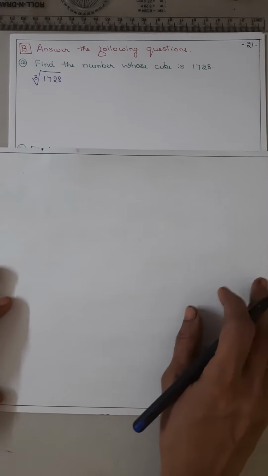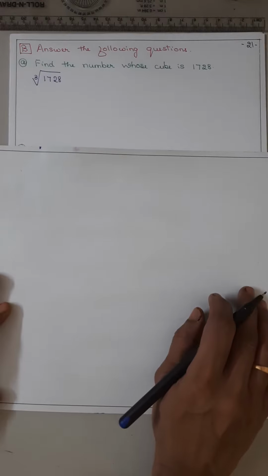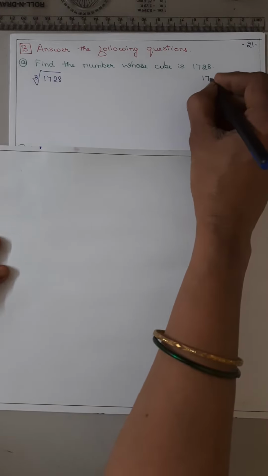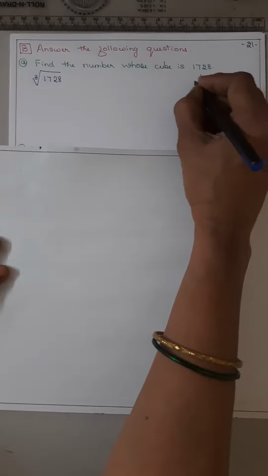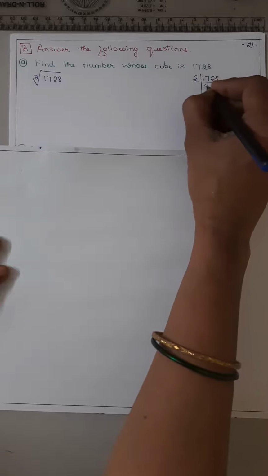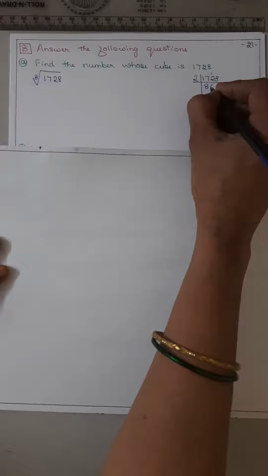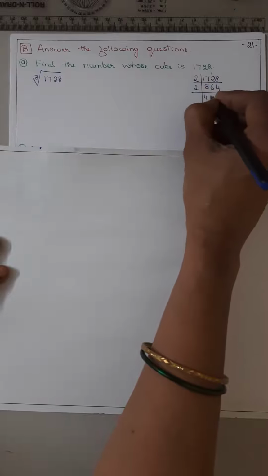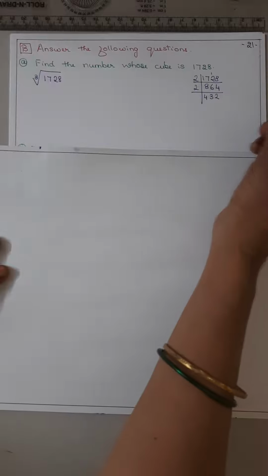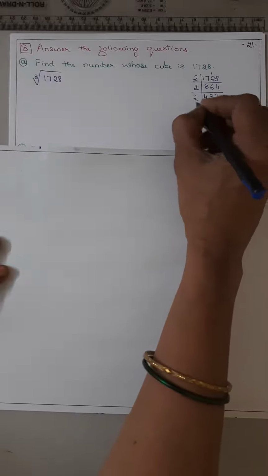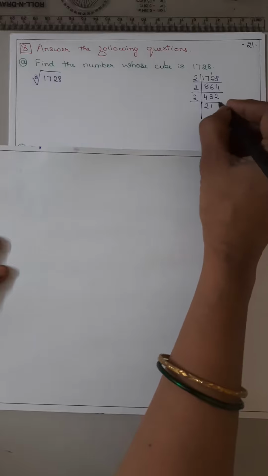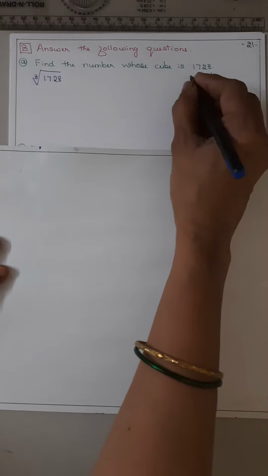So ordinary, the method: cube root of 1728. 2 8s are 16, 6s are 12, 4s are 8, 2 4s are 8, 3s are 6, 2s are 4, 2 2s are 4, 1s are 2 and 6s are 12.